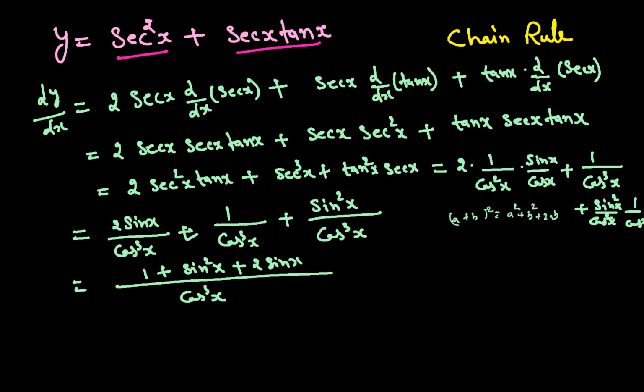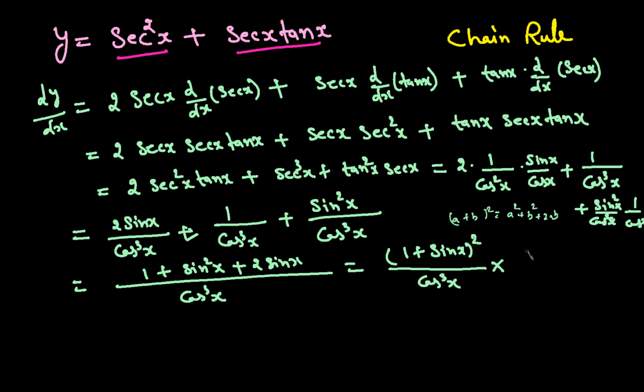And if you look over here carefully, this is basically 1 plus sine x square, right? So 1 plus sine x square over cosine cube x. If we open this square, this gives me 1 square, which is 1, plus sine square x plus 2 times 1 into sine x. We can stop here. That's my answer. But I want to simplify it further. So we can do one more step.